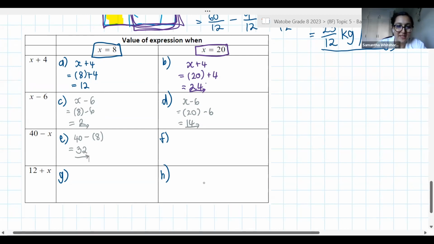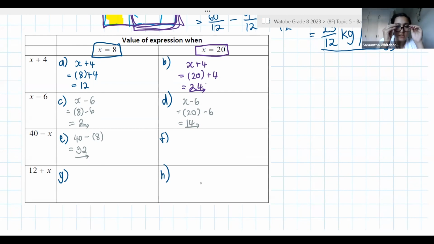Good, Mvuyo, well done. Okay, so guys, sorry, I didn't actually show the expression there, although I hope we all understand, but we've got 40 minus X. We're replacing X with 8. Just remember your brackets there, because this is now going to make it negative 8, which means we have to take 8 away from 40, and that lands us at 32.